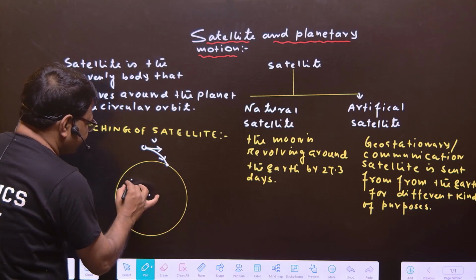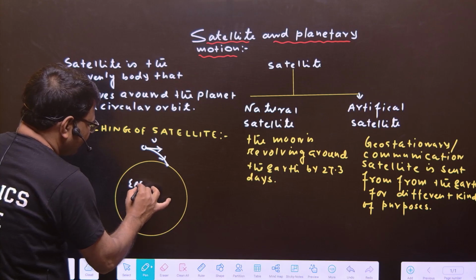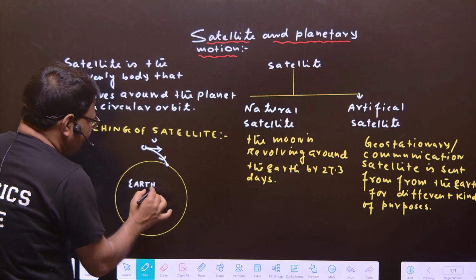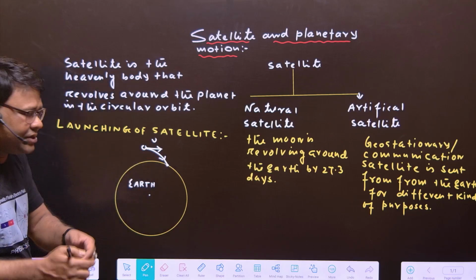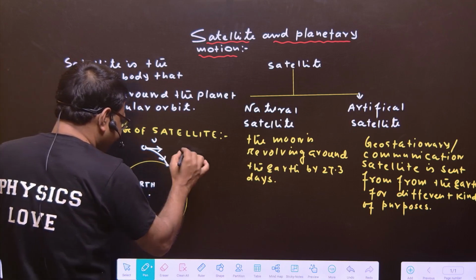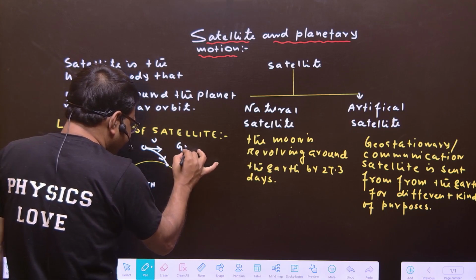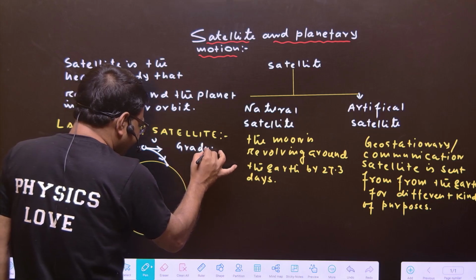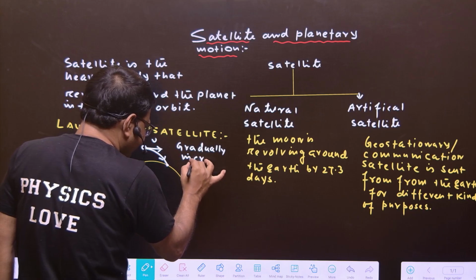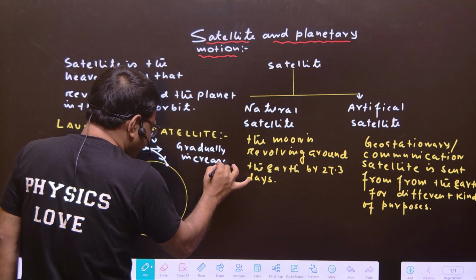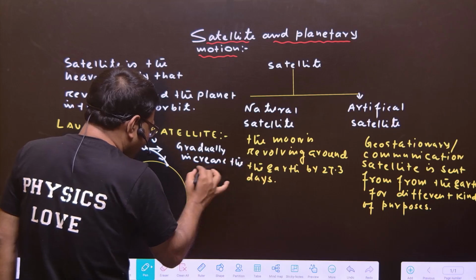This is the earth's surface. And assume this velocity increases. Gradually increase the velocity v.